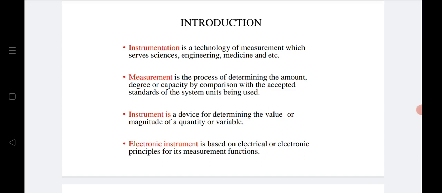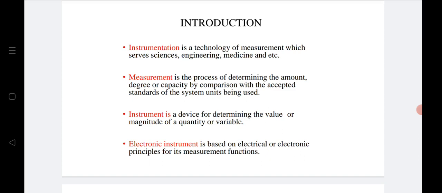A measurement is a process of determining the amount, degree or capacity by comparison with the accepted standards of the system units being used. So a measurement is nothing but a process. You are going to use a process to determine the amount.